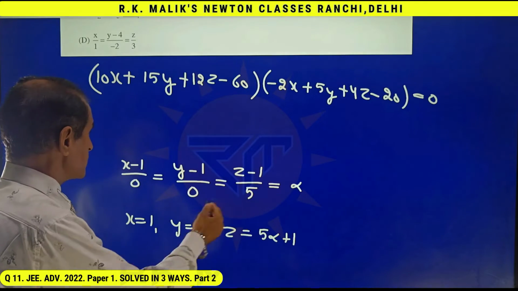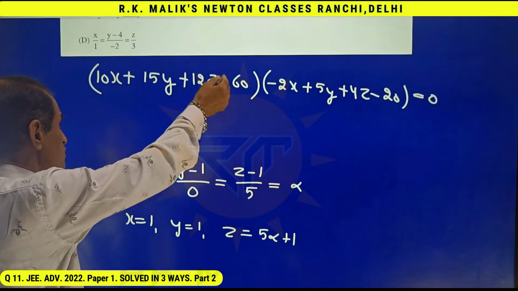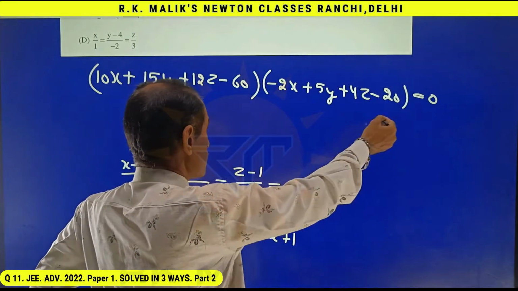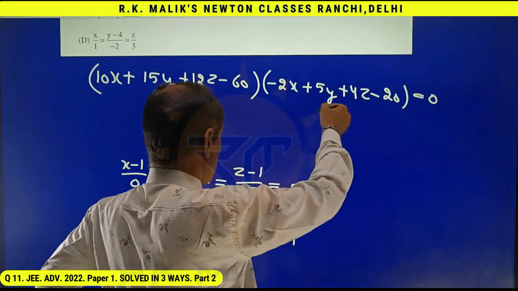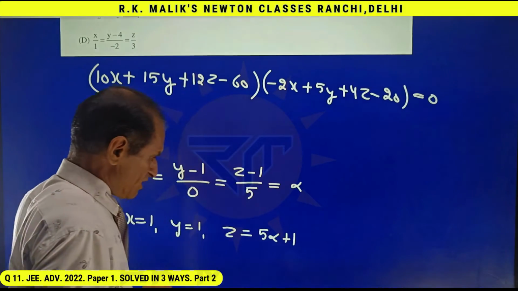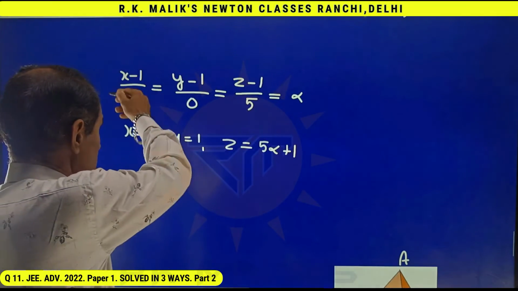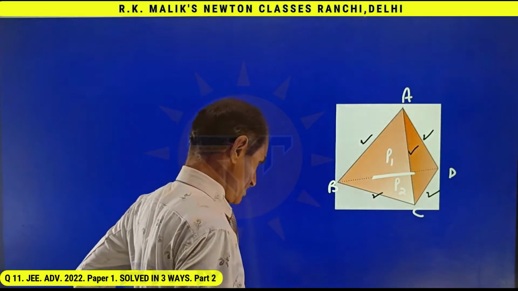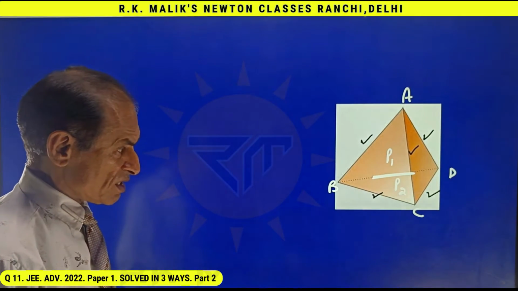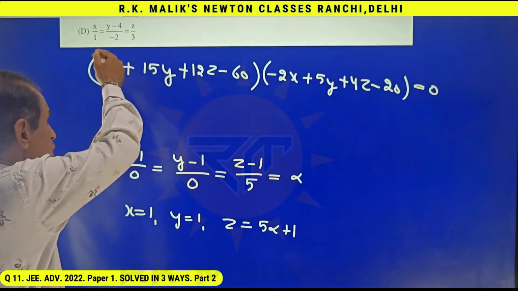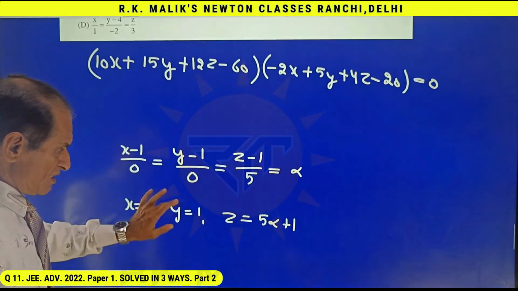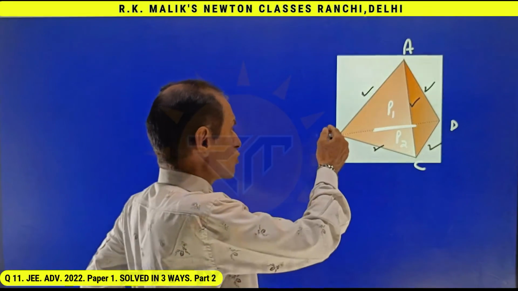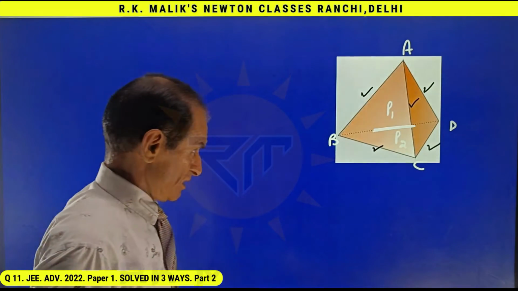If for this point this is 0 for exactly one value of alpha, and this is 0 for all values of alpha, it will mean that this line is of the type BC or CD, and one value of alpha I get from here.